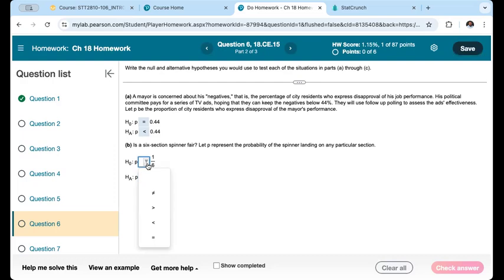What do you think they should be? Equals. How about the alternative? Not equals. Do you all agree with that? I have a question. I assume not equals because, reading that, I don't really see how it makes sense to have a greater than or less than.